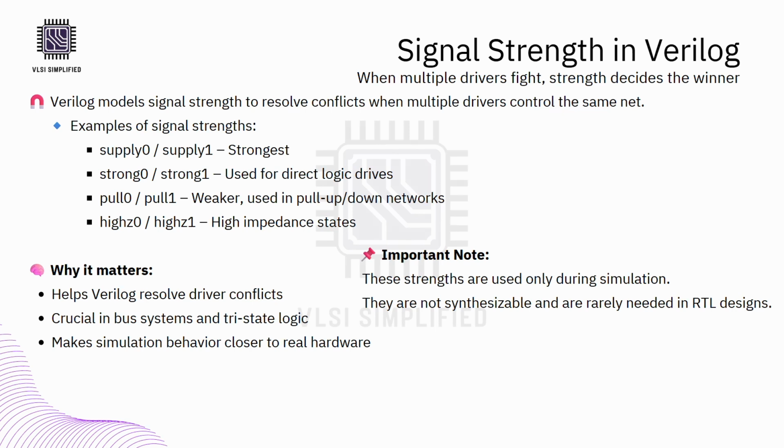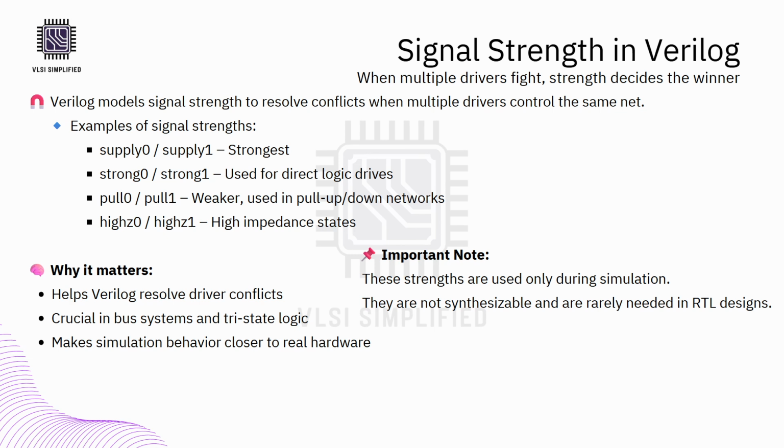Signal strength. Here is where things get interesting. Verilog doesn't just stop at signal values. It also lets us define how strong a value is. So imagine two drivers trying to assign different values to the same wire. How should Verilog decide which value wins? That's where signal strength comes in. So there are different levels.